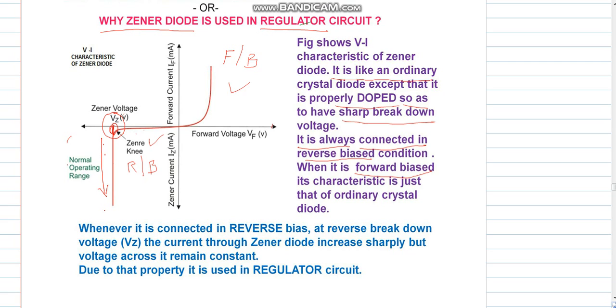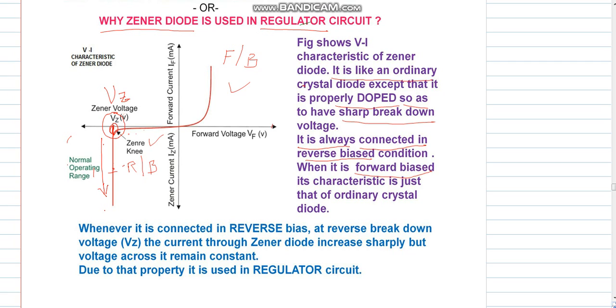In forward bias condition, in the first quadrant, the Zener diode acts as an ordinary crystal diode, but in reverse bias, at the reverse breakdown voltage Vz, the current through the Zener increases sharply, but the voltage across it remains constant. Due to that property, the Zener diode is used in regulator circuits.